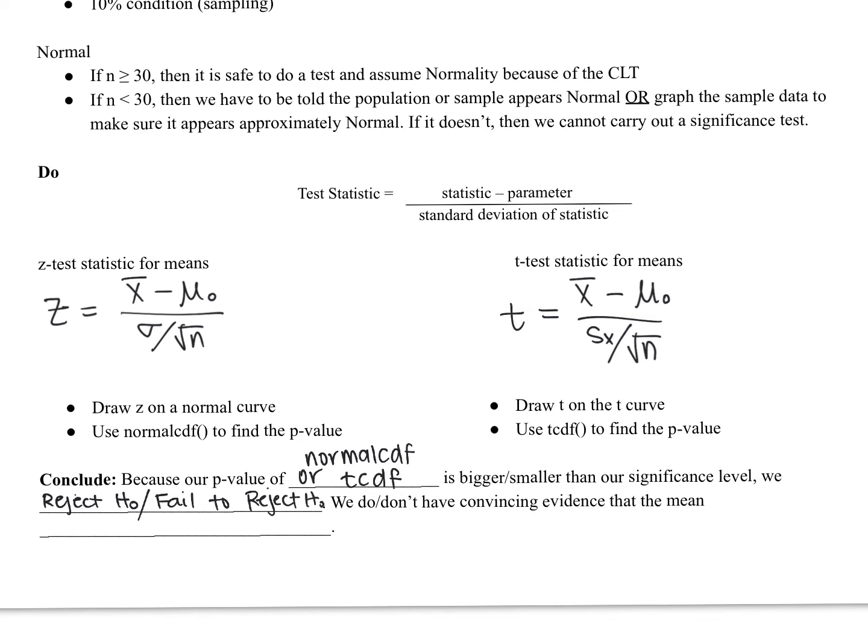Then we do or do not have convincing evidence that the mean, and then it's always your context in words, based off whatever your alternative hypothesis is. Okay. And it is best to actually do an example of these to understand the process, just like with proportions.